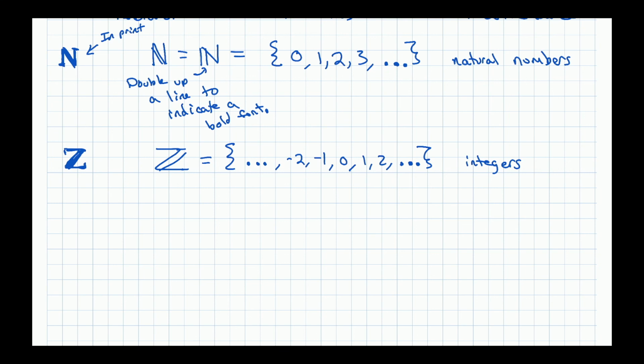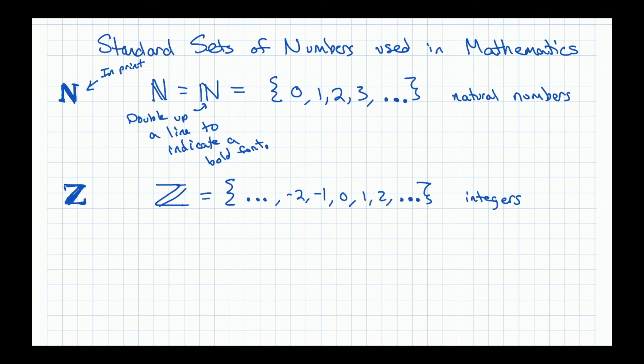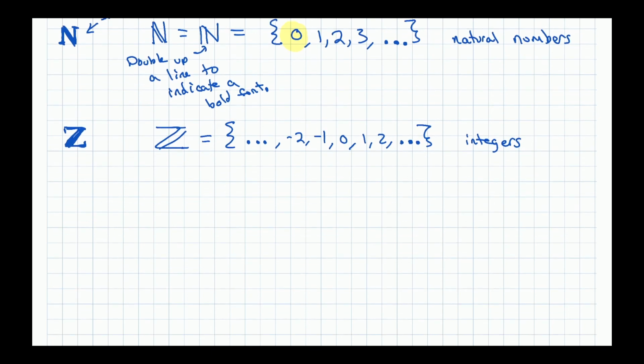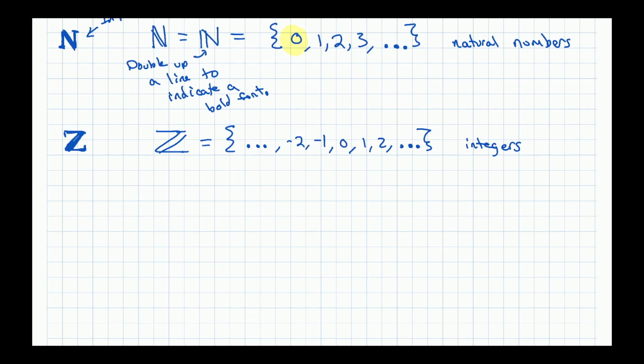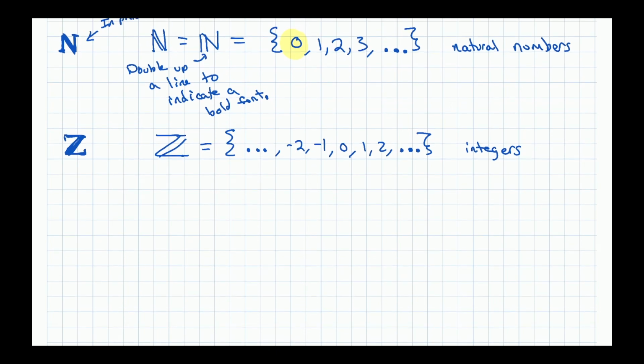Easy enough. Now, something that you have to do a lot is talk about positive integers. Notice this 0 here. The 0 is weird. A lot of times you don't want 0, right? 0 has special properties. So you can't use natural numbers for everything, and sometimes you really do need only positive numbers.